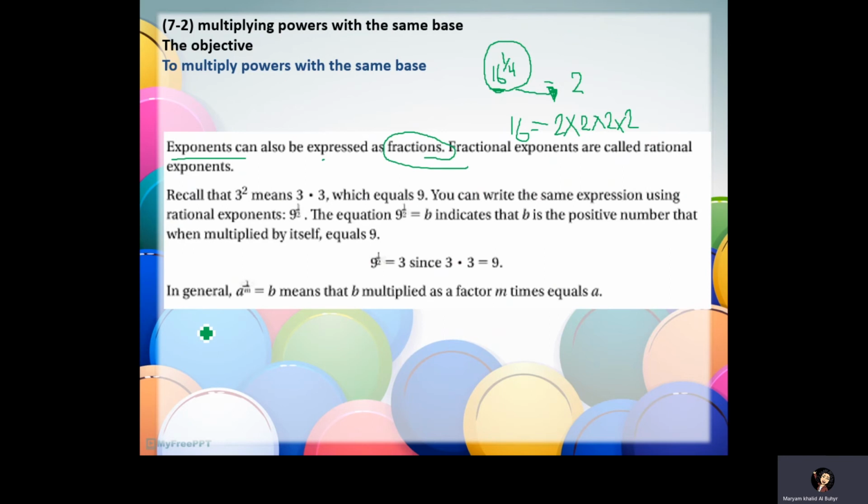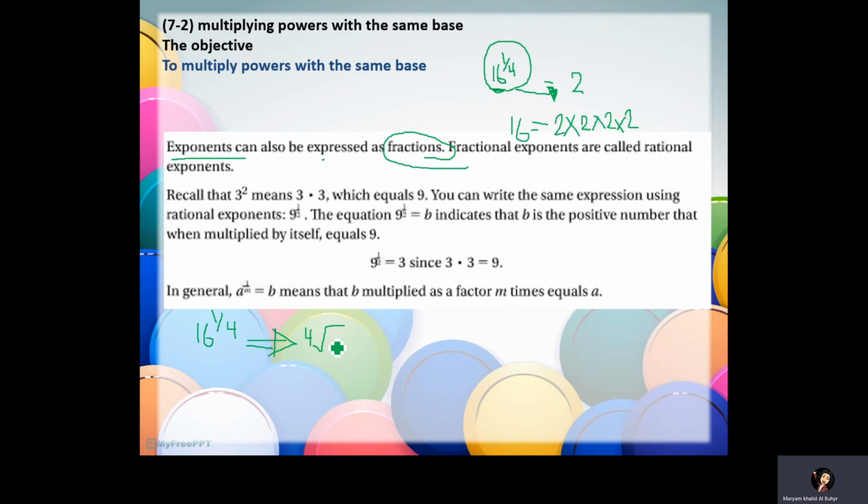So again, let me rewrite my example. 16 to the power 1/4 is exactly the same as saying the 4th root. Maybe you don't have a big idea about roots yet.